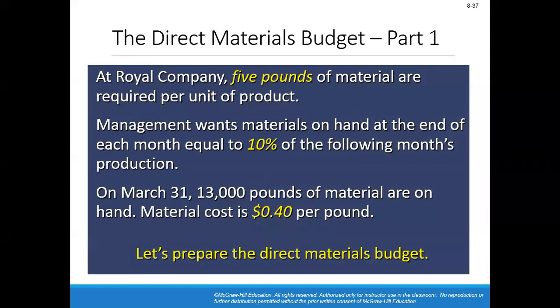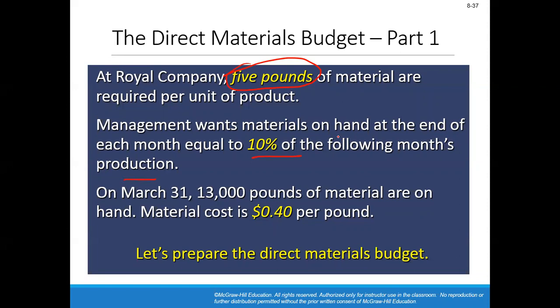There are some assumptions. At Royal Company, 5 pounds of material are required per unit of product. Note that for each unit of finished product, I require 5 pounds of direct material. In addition, management wants materials on hand at the end of each month equal to 10% of the following month's production.